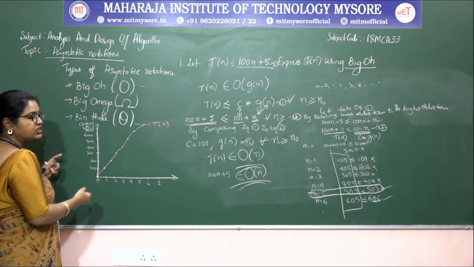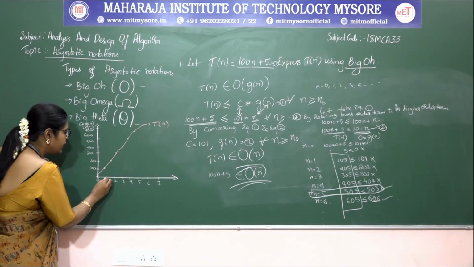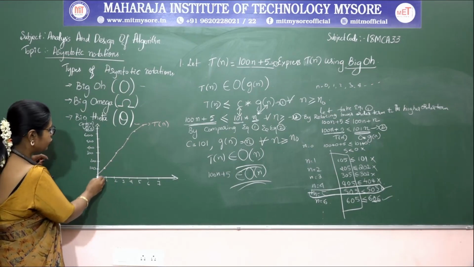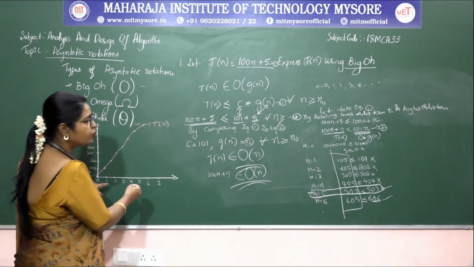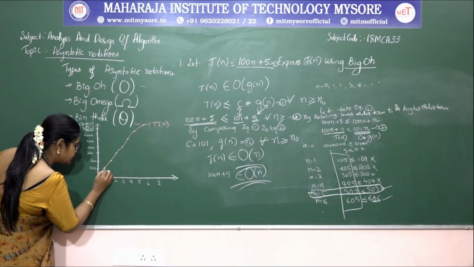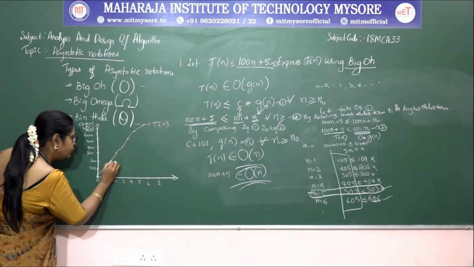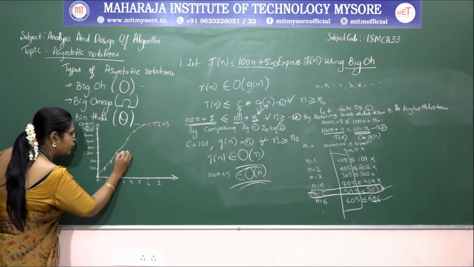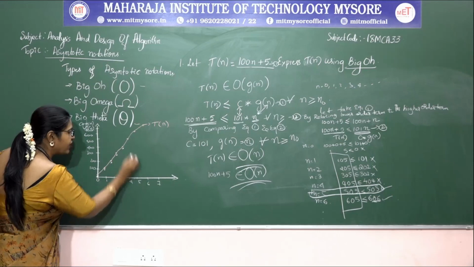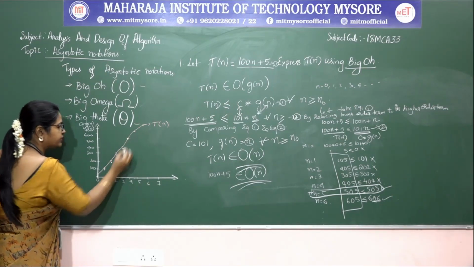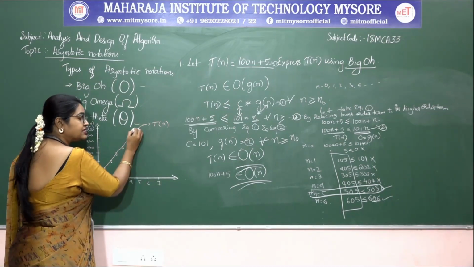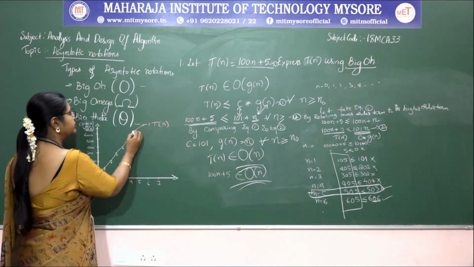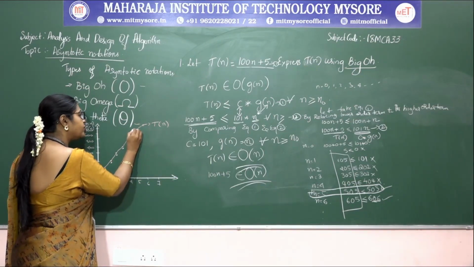So let me draw the C into G of n curve now. When n is equal to 0, it is 0. When n is equal to 1, it is 101, under this. When n is equal to 2, 202, 303, 404, and 505, exactly the same point. When n is equal to 6, 606, that is above this 605.